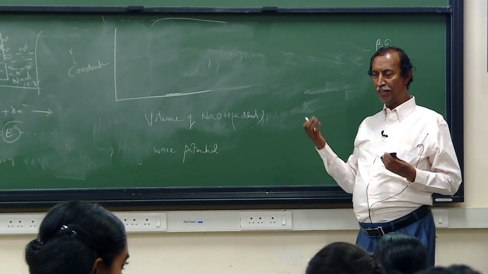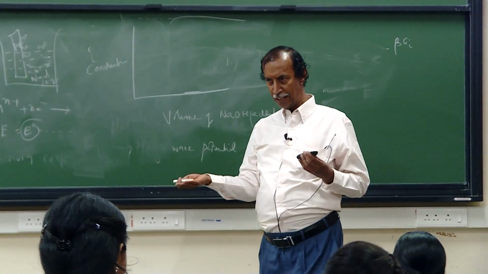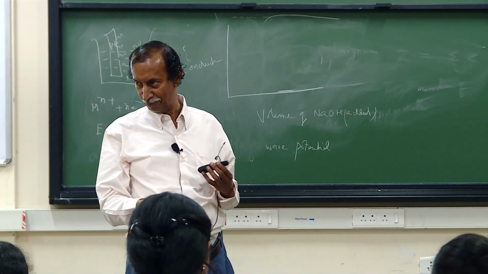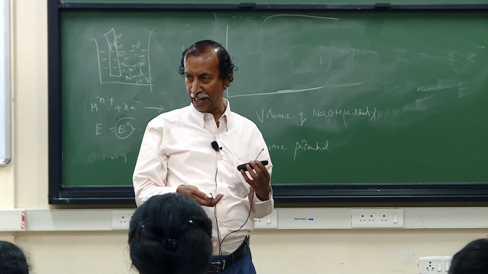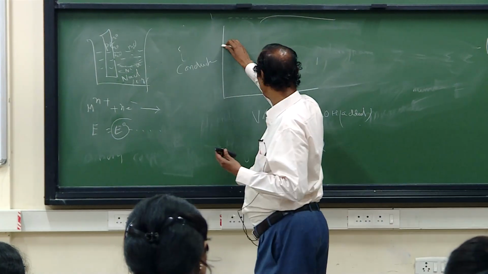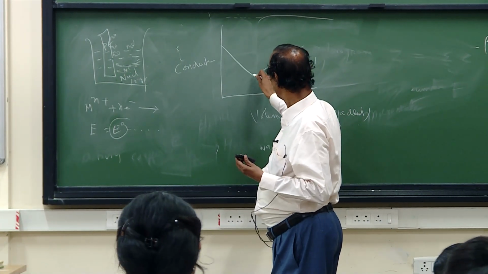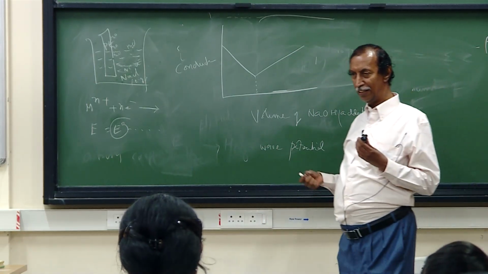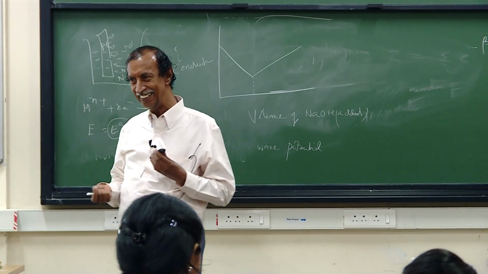That means I will take HCl, acid, and sodium hydroxide, base, and carry out an acid-base titration. And my conductometric graph will have something similar to this. This volume will tell me the unknown concentration, right?